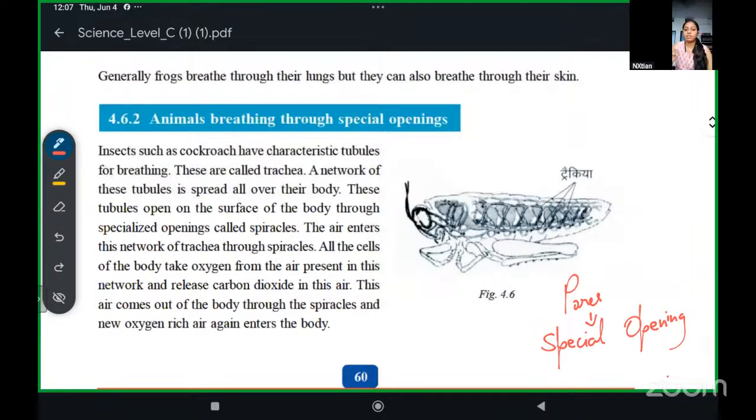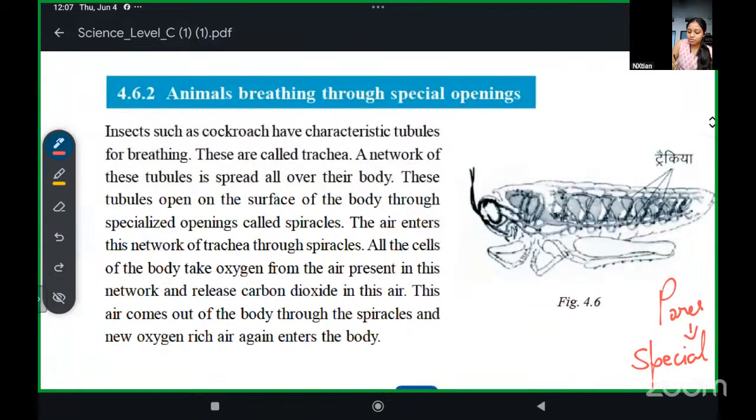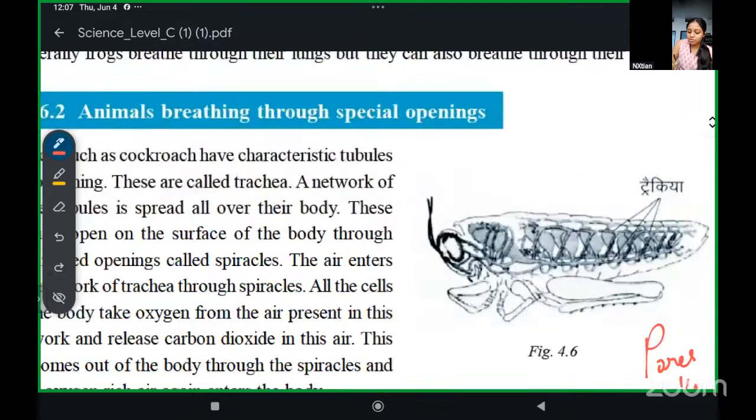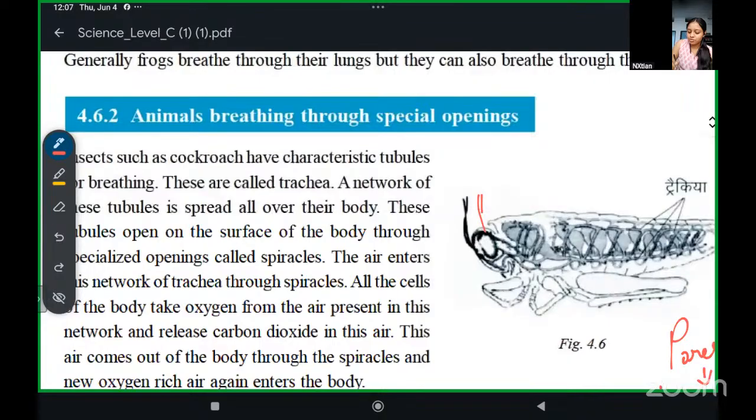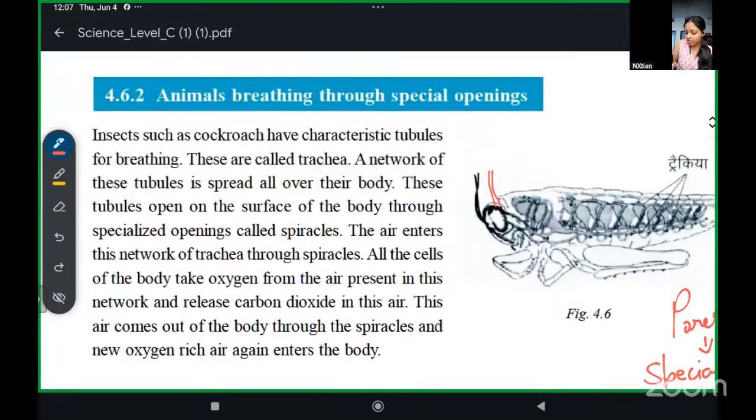Now, if you've seen a cockroach, they have tube-like things, the tubules. These tubules are connected together inside the body.